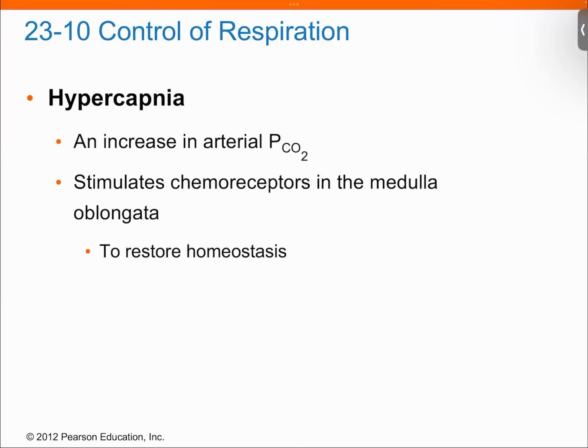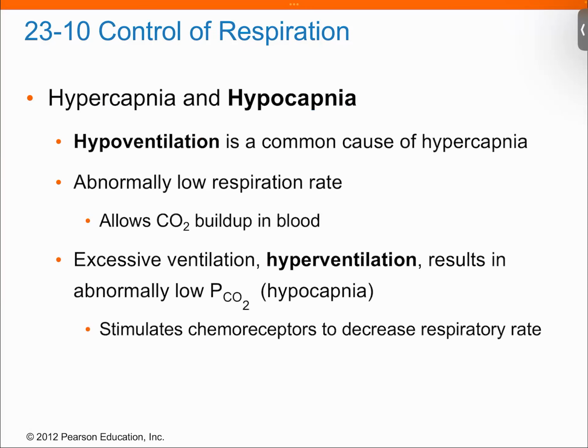Now, what happens if you have too much CO2 in your system? This is what's called hypercapnia. And so ultimately, this will stimulate your chemoreceptors, and then it'll basically offload that CO2 to restore homeostasis. And we'll take a look at that here in just a second in one of our homeostatic cycles. If you have too little CO2, it's called hypocapnia. So you have hypoventilation.